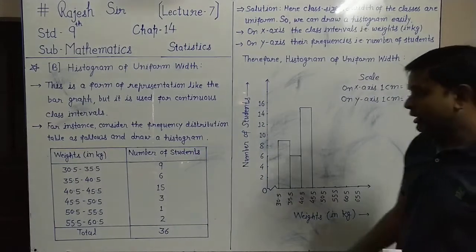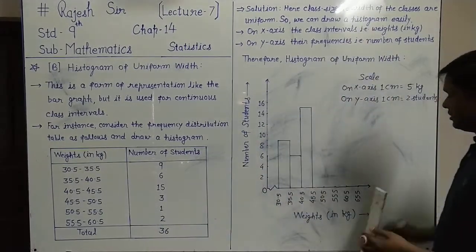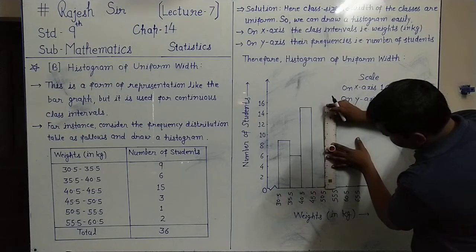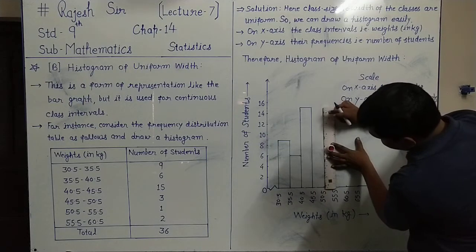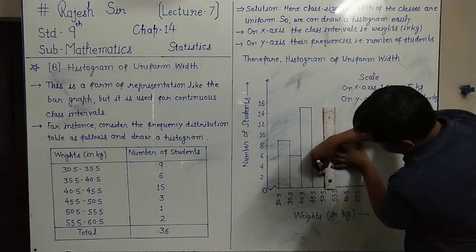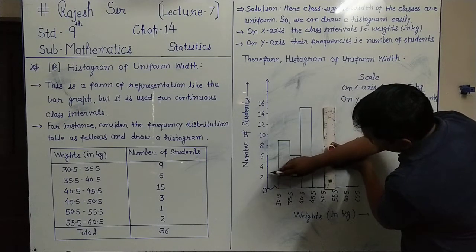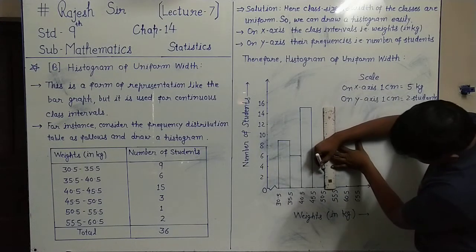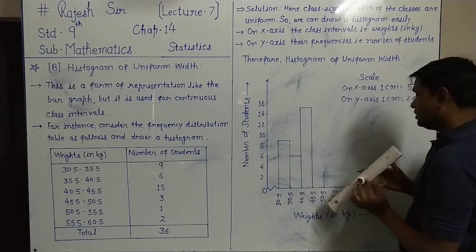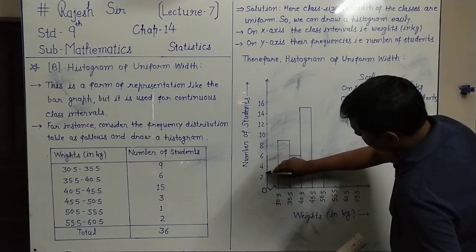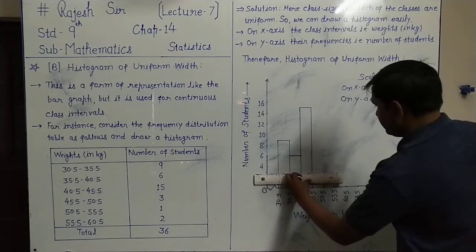Then 45.5 to 50.5 has 3 students. So up to 3 the height will be of its rectangle's height is 3. And 3 will be between 2 to 4. This way. Between 2 to 4. This height.